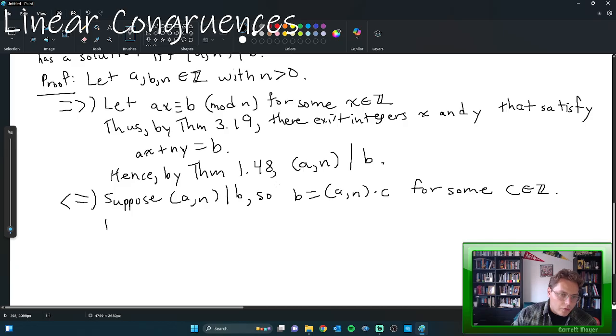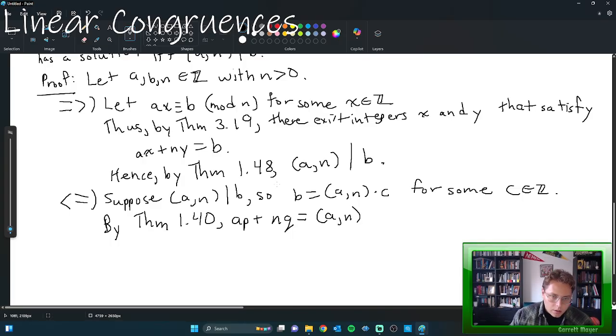By theorem 1.40, so we're starting to see all this tie back together, ap plus nq equals the GCD of a and n, for some p, q that are integers.